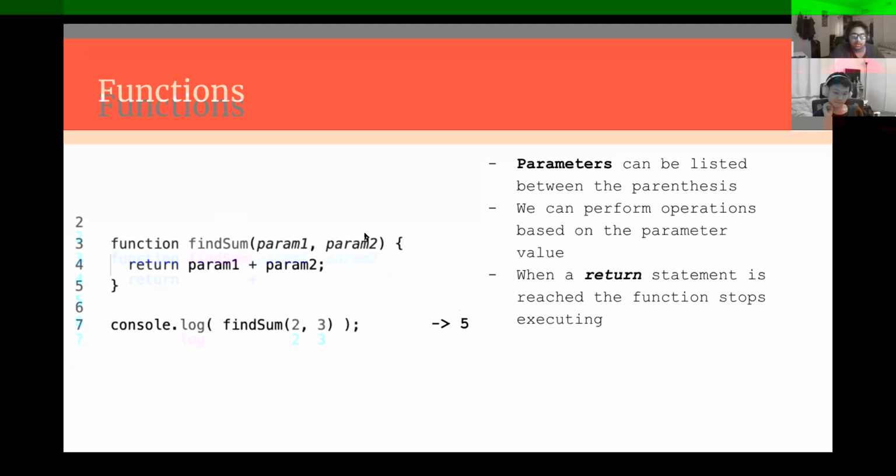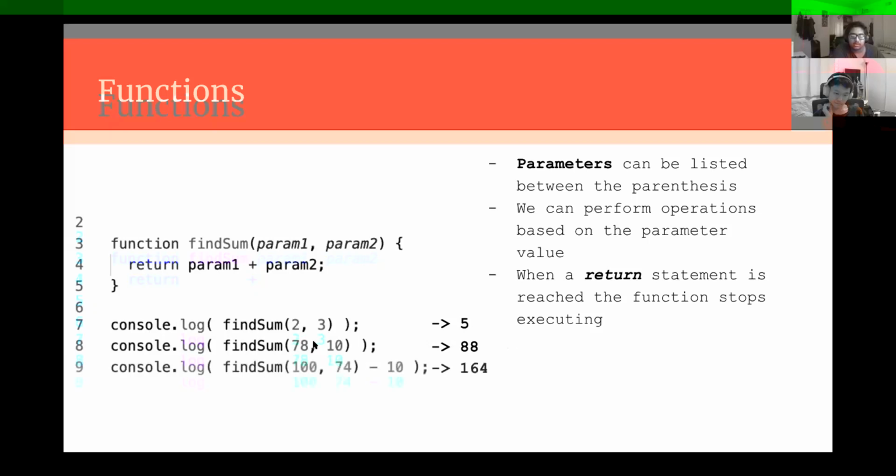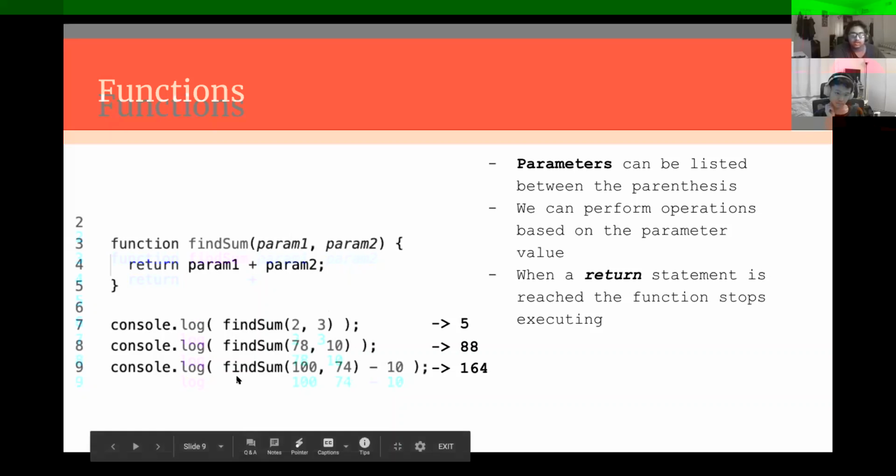This is also pretty useful as now you can do things. Okay, so this is just another example. You can get 88 by just plugging in whatever parameters you need. A good way to see what the return does is here: you can see that this is returned as an integer.